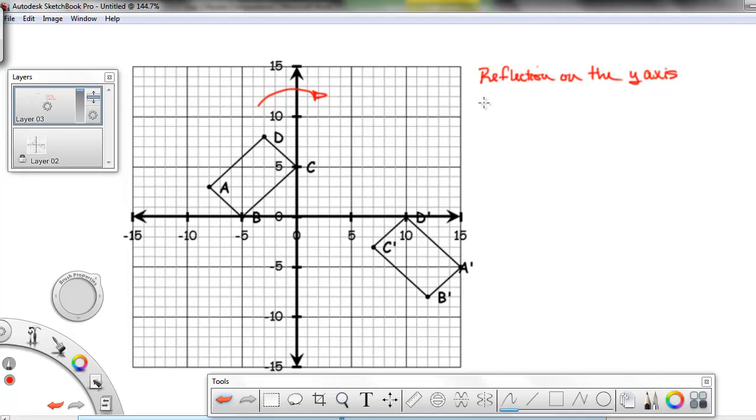Let's start at the point C. I think that would be the easiest one to check. So we're going to check C to C prime. One thing to remember is that C prime is on the line. So I have 0 to 5, and then C prime will be 0 to 5.